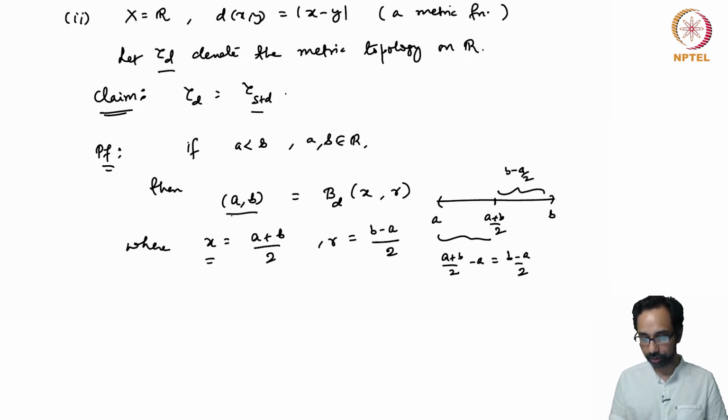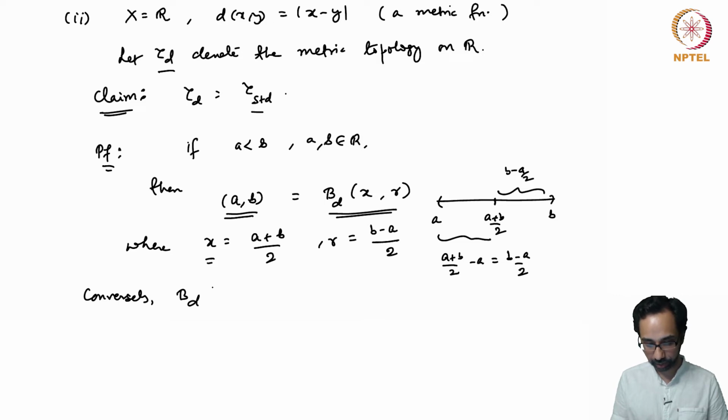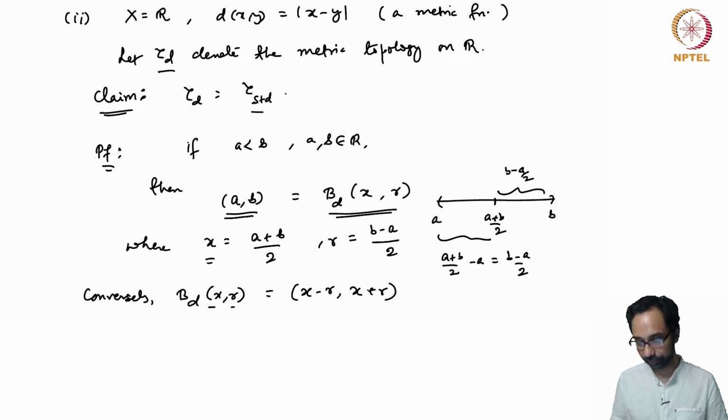So the basis for the standard topology is precisely of this form. Conversely, BD(x, r), given any x and r, is equal to the open interval (x minus r, x plus r).